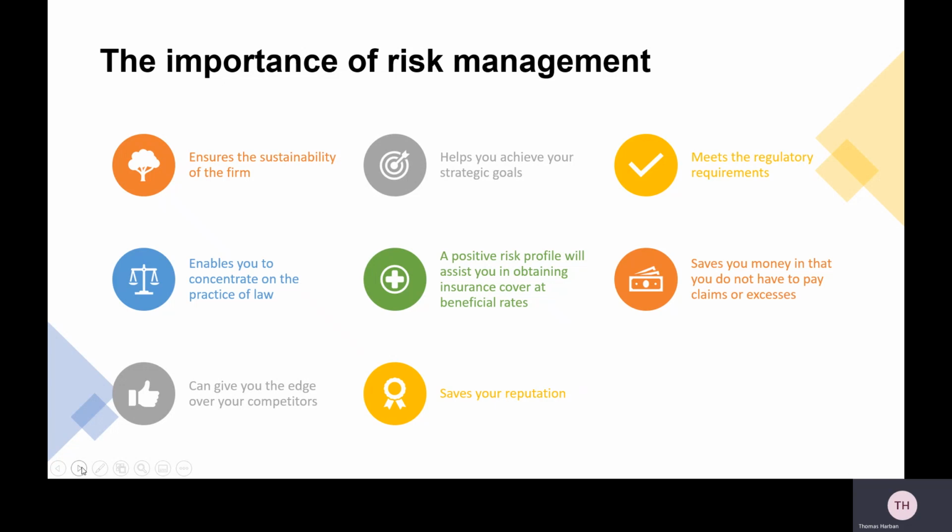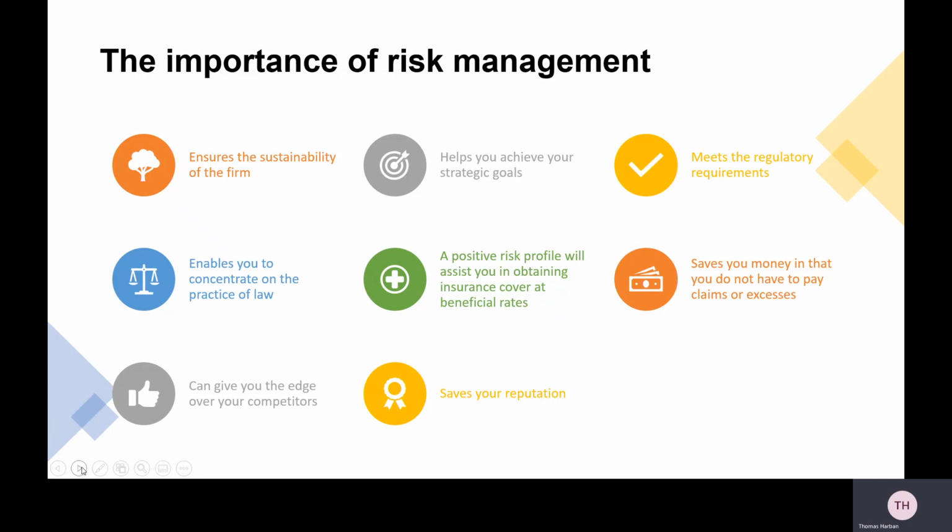Those terms include what premium you will be charged, what excesses will be built into your policy. But if an insurer can see that you take risk management seriously and that you've got risk mitigation measures in place in your practice, they'll look at that favorably.